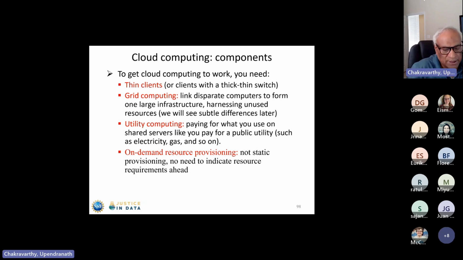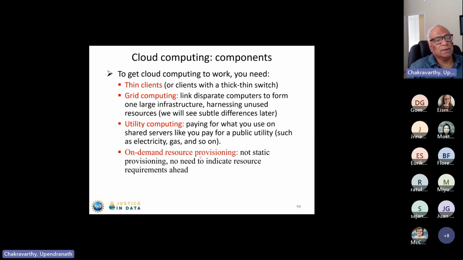But most of the time, what we use today, like a laptop or a desktop or even a phone, is not a thin client. That has a lot of capability that was not there in thin clients earlier. Grid computing or server farms link disparate computers to form one large infrastructure, harnessing unused resources. Then there is the notion of utility computing, paying for what you use on shared resources, like you pay for your public utility.